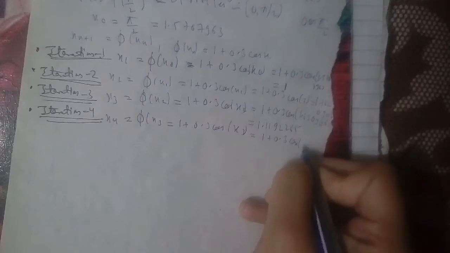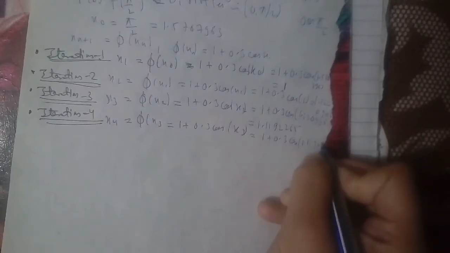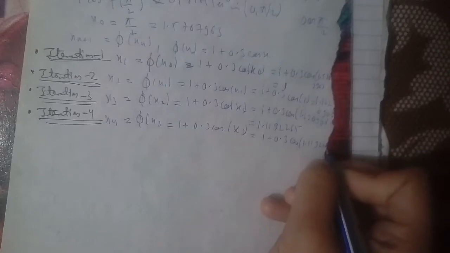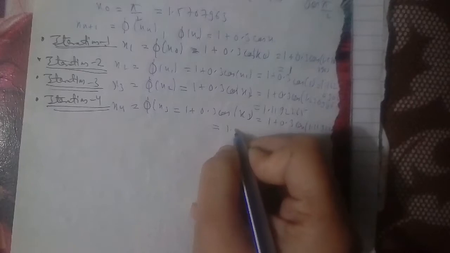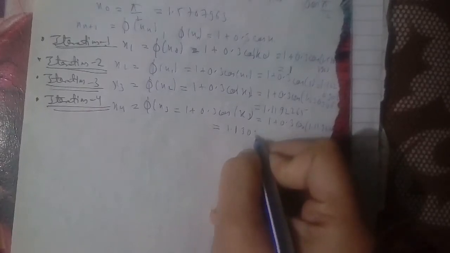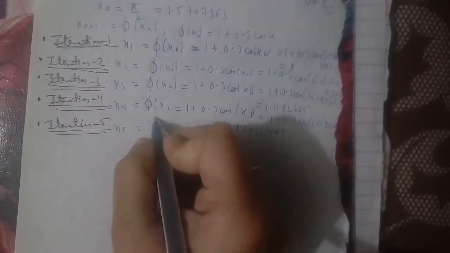Now we go ahead for iteration 5. For iteration 5 it will be x5 is equals to phi(x4) equals to 1 plus 0.3 cos x4, that is we put the value 1 plus 0.3 cos 1.13091353.